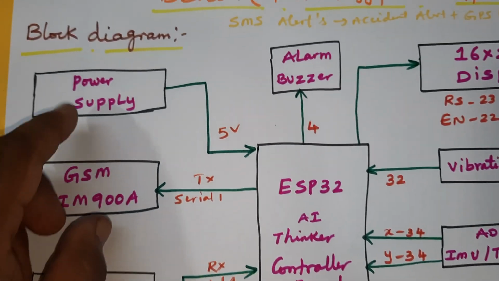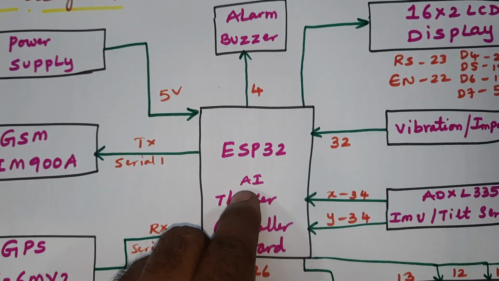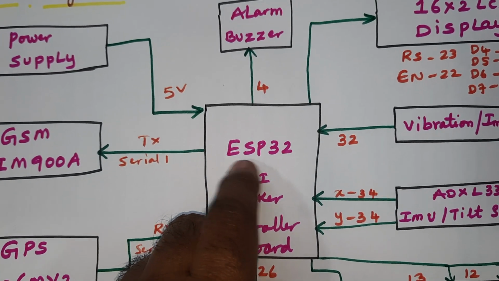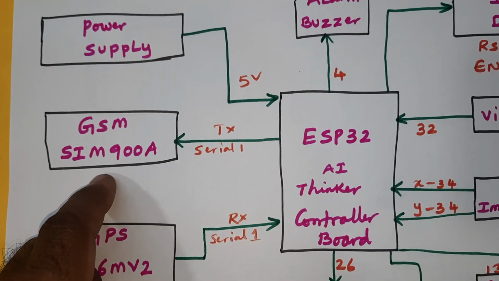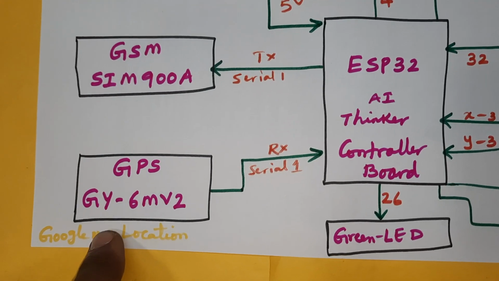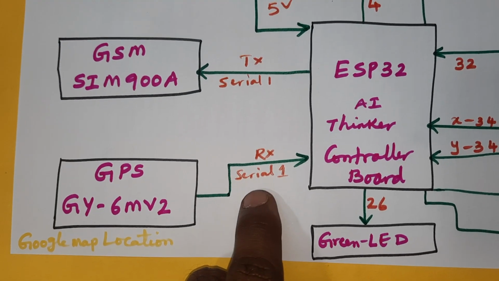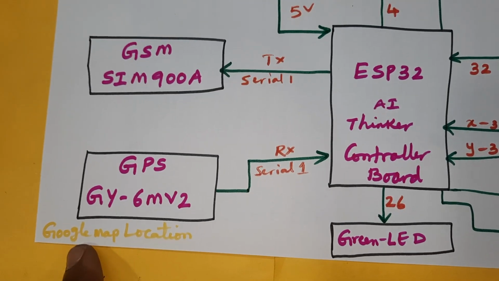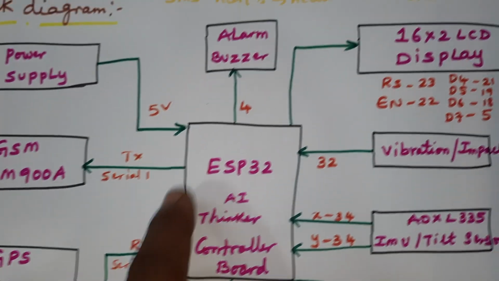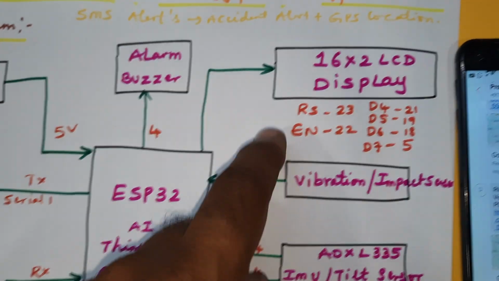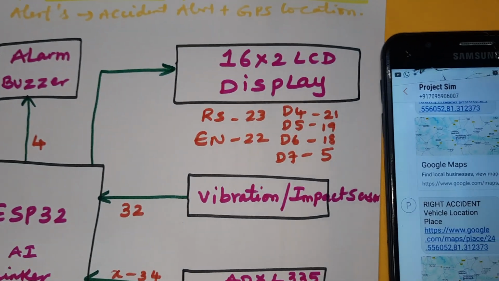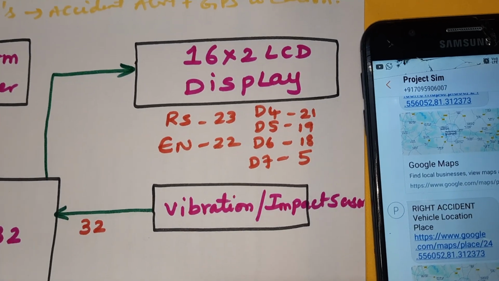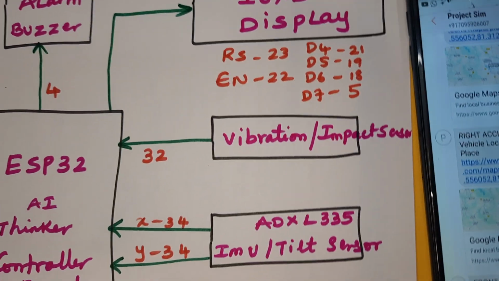A 5 volt power supply module is connected with the ESP32 Ai-Thinker board. The GSM SIM900A module is for SMS alerts, and the GY-GPS6MV2 GPS module is connected to RX1 and TX1. The GSM is connected to the serial port, the alarm is connected to pin 4, and the 16x2 LCD display is connected with RS, Enable, D4, D5, D6, D7 on pins 23, 22, 21, 19, 18, 5.